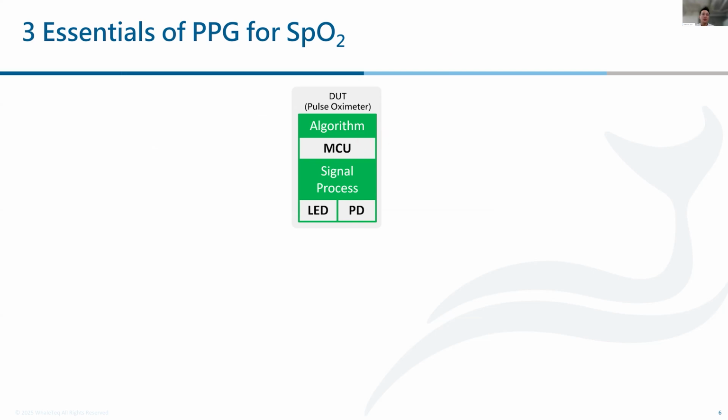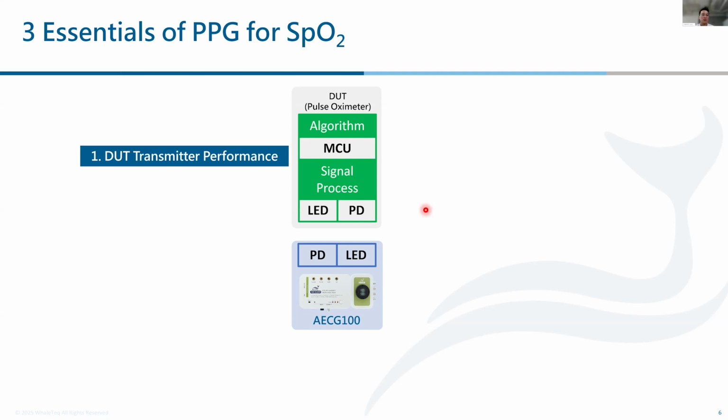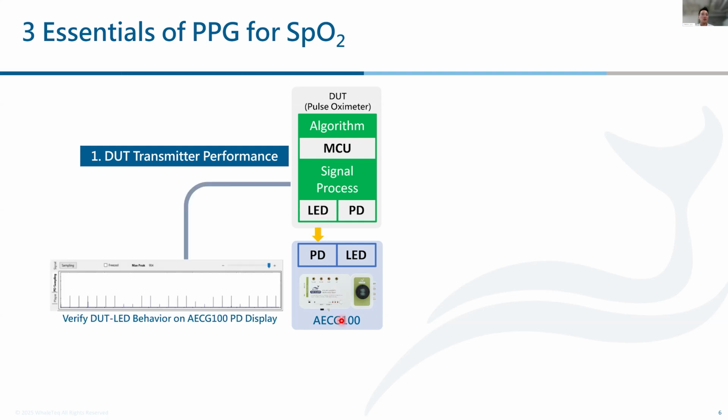In order to systematically examine each part, with measurable and traceable instruments as reliable options, the WellTech AECG 100 is a multifunctional test instrument that suits this purpose. For the three essentials of PPG testing for SpO2, the first one is transmitter performance, which is the LED performance of the wearable device. When the LED turns on and sends light to the AECG, the PD of the AECG is plotted in this window.